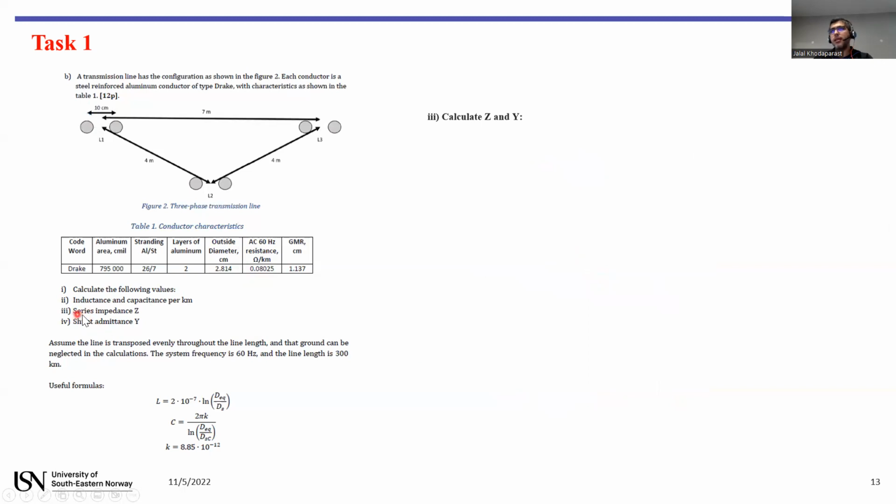And then the task asks us for the Z, the impedance, and the admittance. And we know how to calculate the impedance. It's a complex value. R is the resistance of the transmission line plus j omega L, where omega is 2 pi times frequency and L is the inductance times the length of the transmission line.